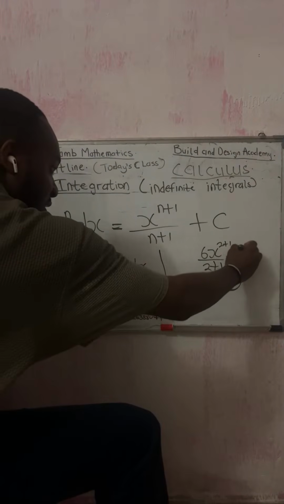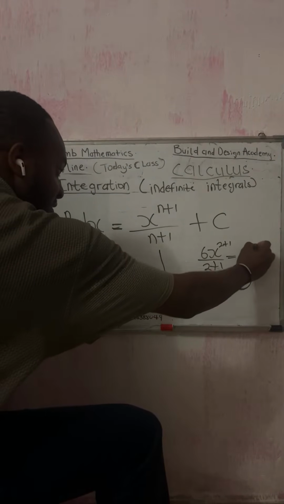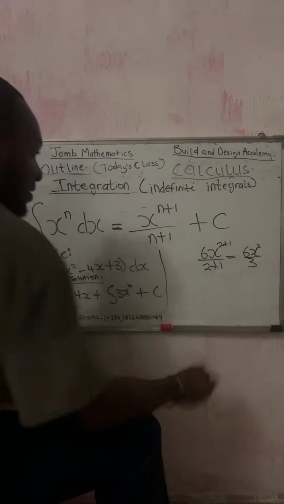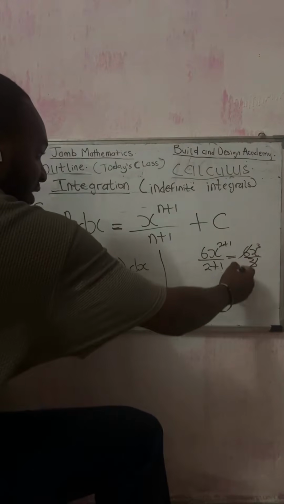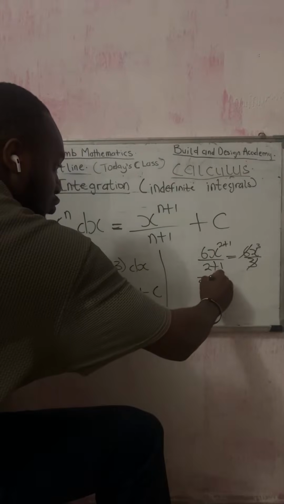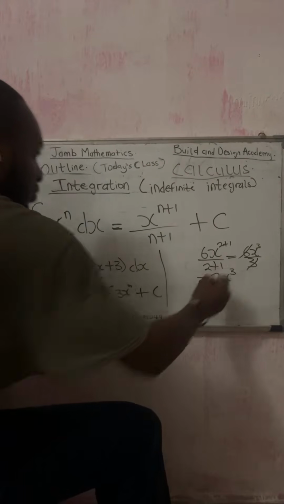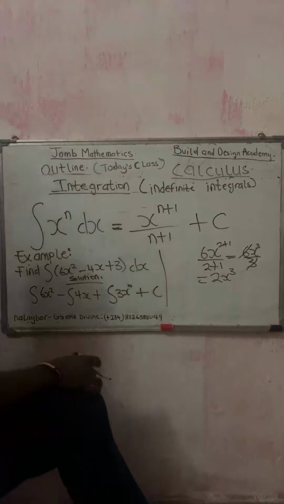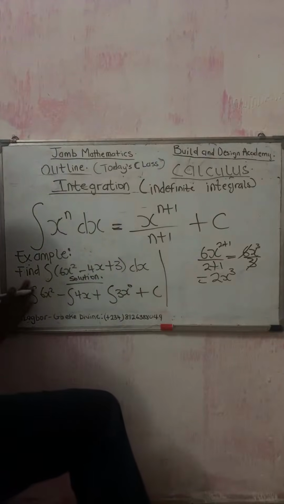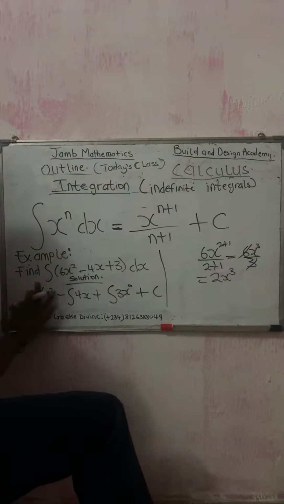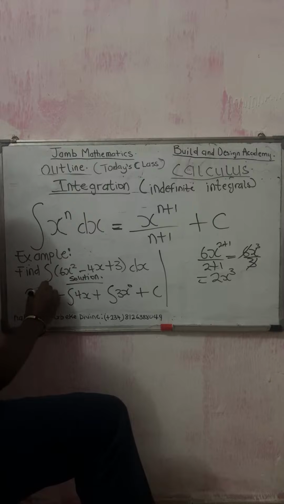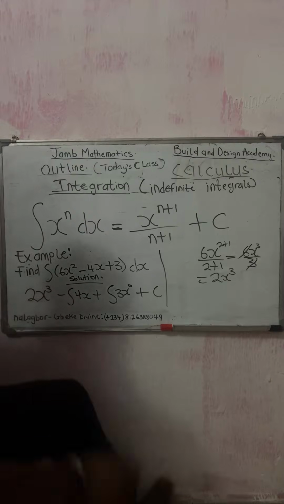So we have 6x raised to the power 3 all over 3. Now 3 cancels 3 and we are left with 2x cubed. So we can clean this part and write 2x cubed. We are done with that one.